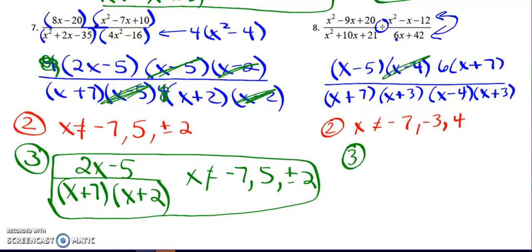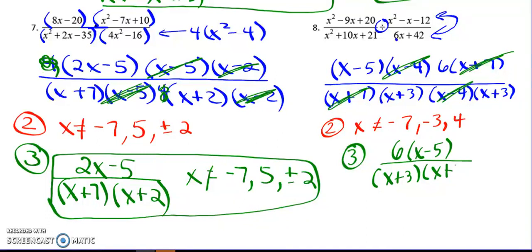Looks like my x minus 4s are gone and my x plus 7s are gone. So I have 6 times x minus 5 over x plus 3, or x plus 3 squared. Either way is fine. Where x cannot be negative 7, negative 3, or 4.